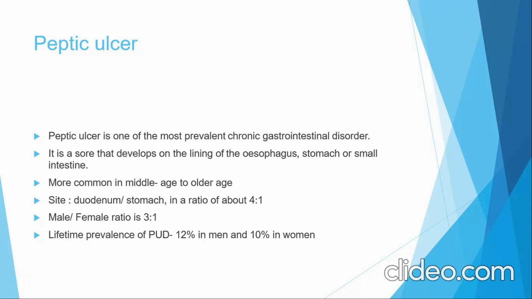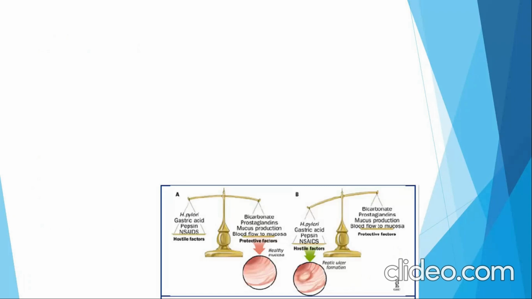The ratio of prevalence of peptic ulcer in male to female is 3:1. The lifetime prevalence of peptic ulcer is 12% in men and 10% in women.